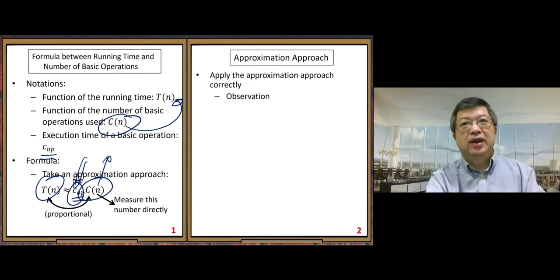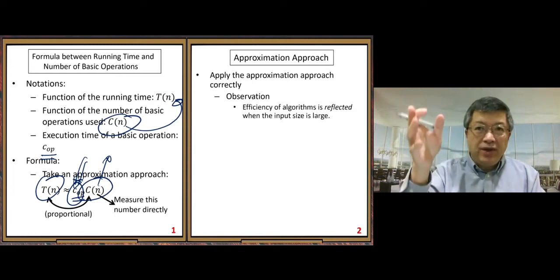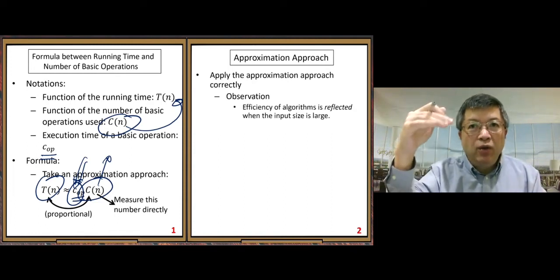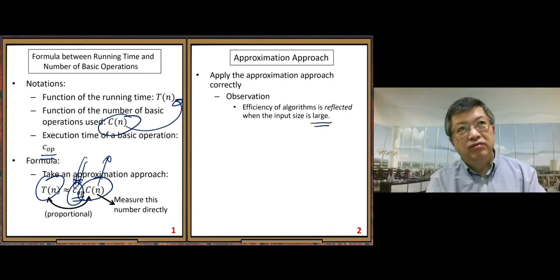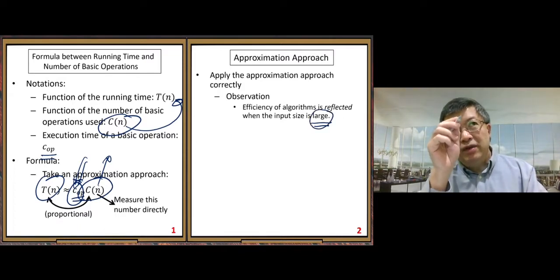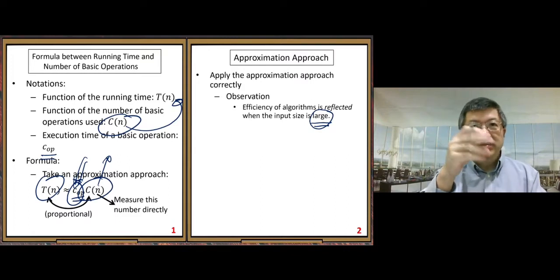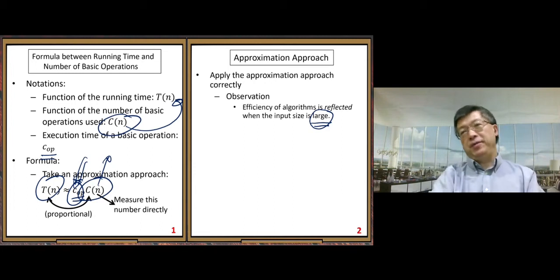The efficiency of an algorithm is reflected when the input size is large. In that situation, the efficiency can be seen better.